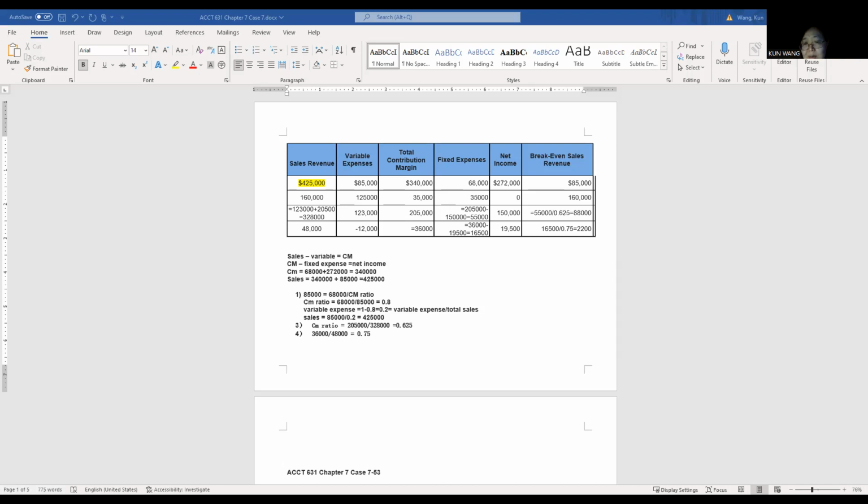So I just give extra time. I want to give you adequate time to work on the case and really learn and study. That's the purpose, rather than rushing to finish.